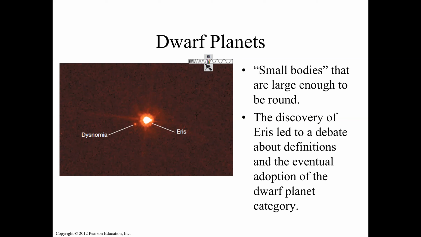Now, the discovery of Eris in 2005, the second most massive dwarf planet in the solar system, far away even from Pluto, led to the debate about definition and eventually adoption of the dwarf planet category. So after Neptune, we have a lot of these spherical objects. They're smaller than even the Moon, but they are big enough to have enough gravity to be round. But then in 2005, we added another category, and we call it dwarf planets.